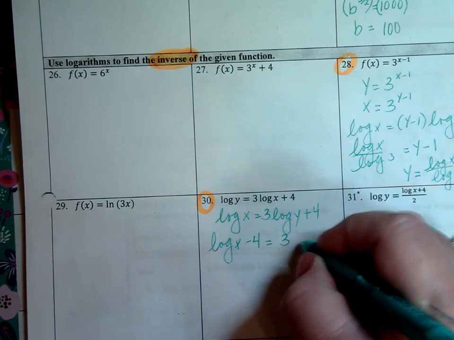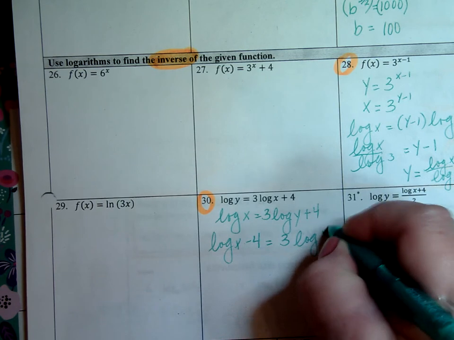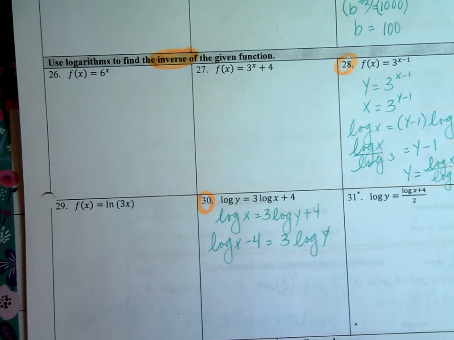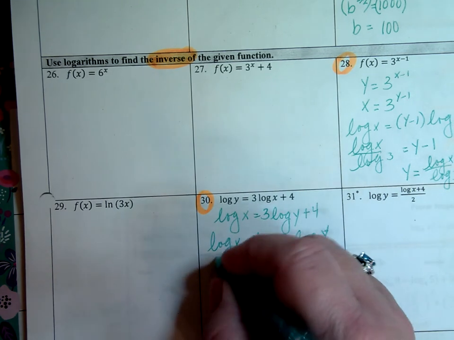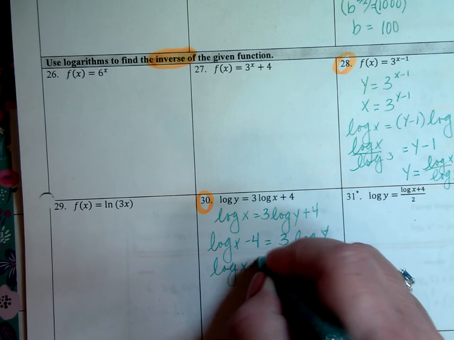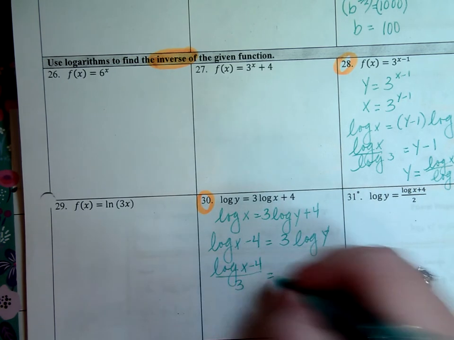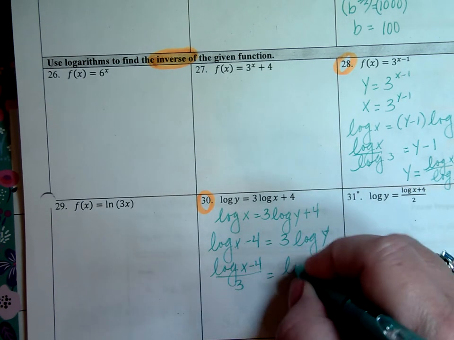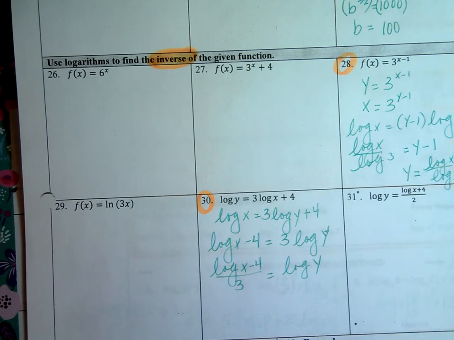And what don't I like now? I don't like the 3. 3's got to go to the other side. 3's attached by multiplication, so I'm undoing that. I'm dividing. Log of x minus 4, divided by 3, is the log of y. Now this one is not as simple as one of the other ones we saw where there's a log on both sides, but there's extra smudge with it.